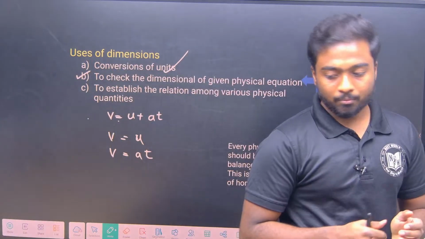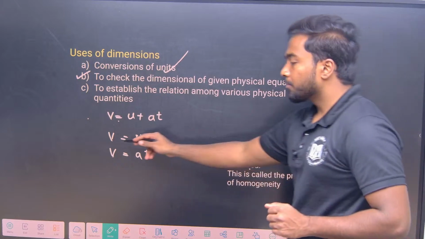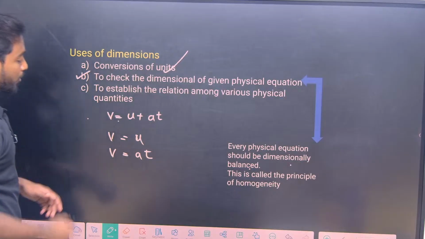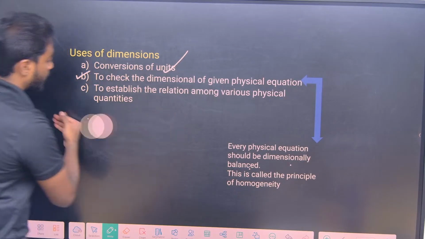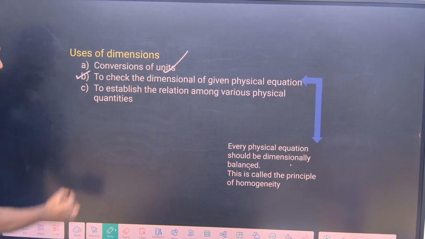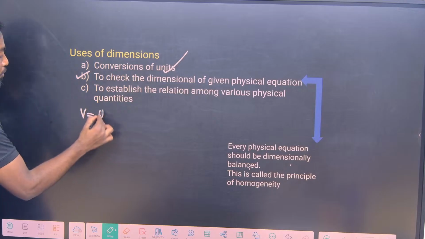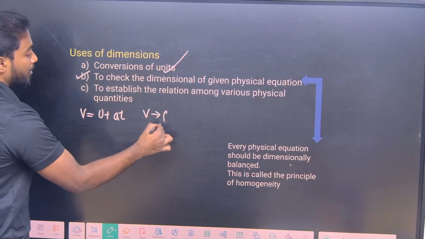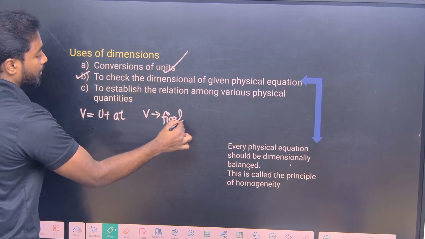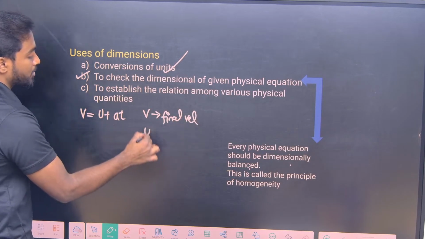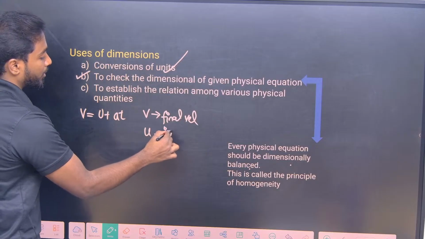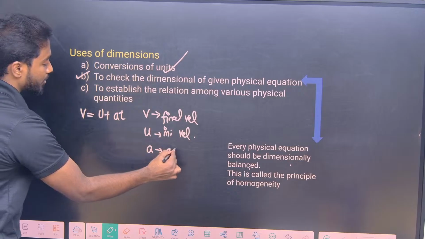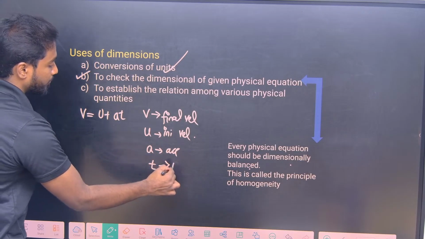So what is V? Final velocity. What is U? Initial velocity, right? V is equals to U plus AT, where V is final velocity, U is initial velocity, A is acceleration, and T is time.